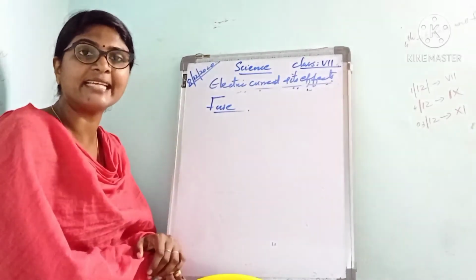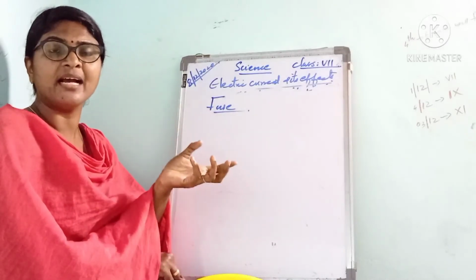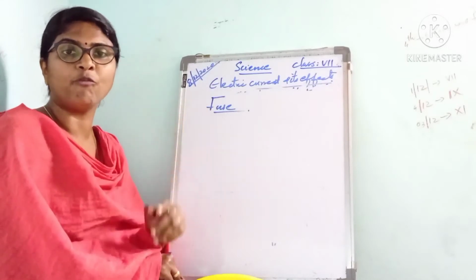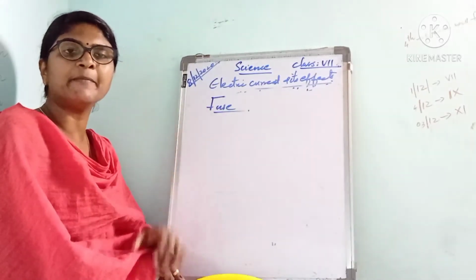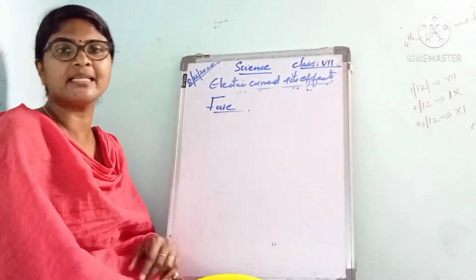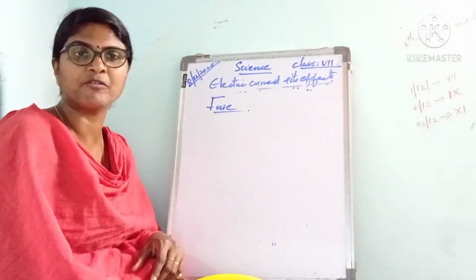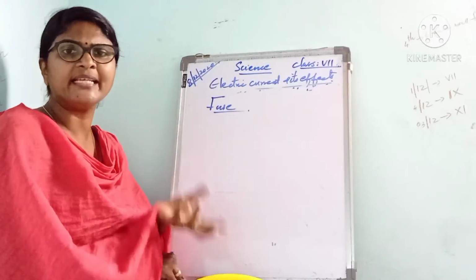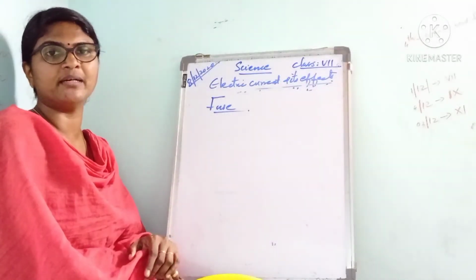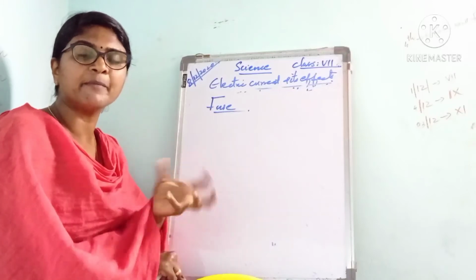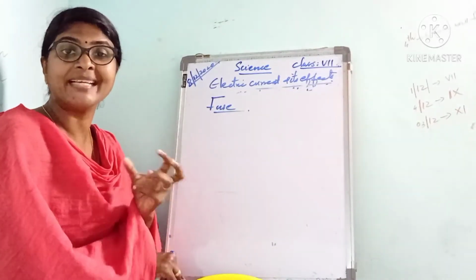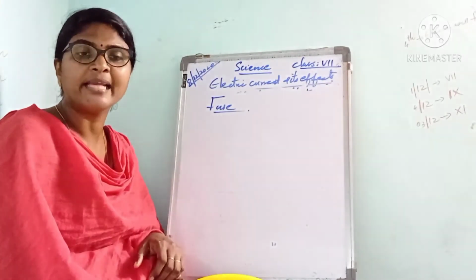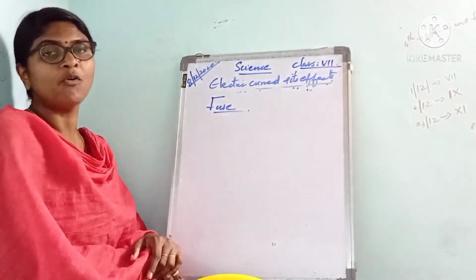The electricity generated in the power station comes to our homes through wires. If there is a sudden increase in the electric current supplied by the power station and the current in the circuit becomes too high, it heats up the wires in the circuit, and this can melt the insulating material covering the wires.